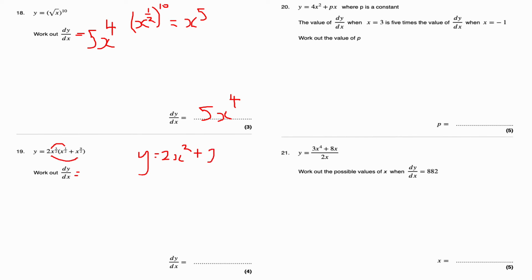Well, the 2 at the front stays the same. x to the 3/2 times x to the 9/2, using the rules of indices, I'm going to add the powers. So 3/2 plus 9/2 is 12/2, which goes to 6. So it's 2x to the 6. dy by dx goes to 4x plus 12x to the 5.